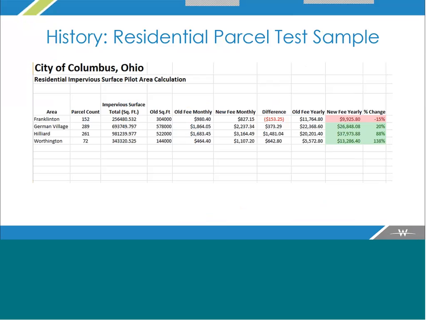The case example, again, we're going to use Columbus, Ohio as an example. You can see those are suburbs or villages within the city of Columbus. And they're ranked from the inner city, so Franklinton being closer to the center of the city, and Worthington being much further out.